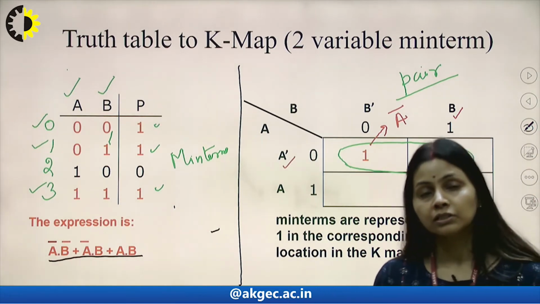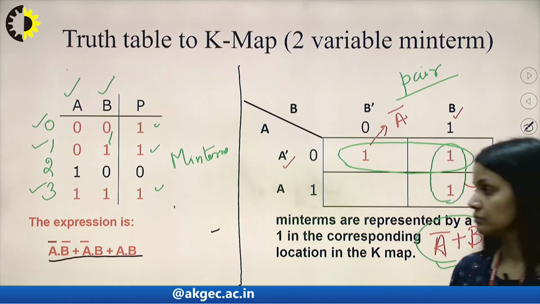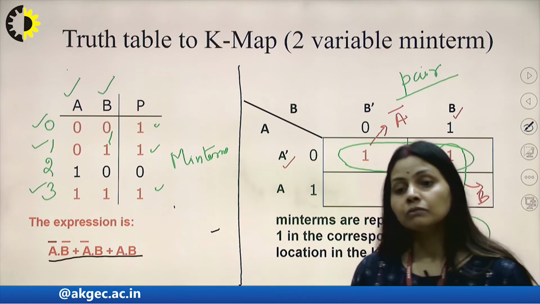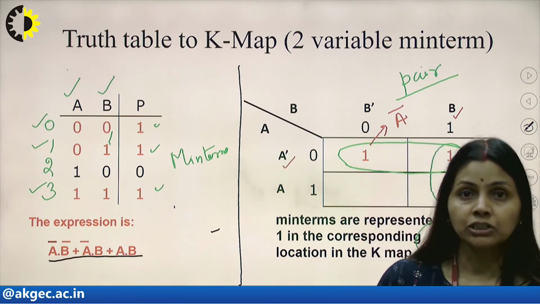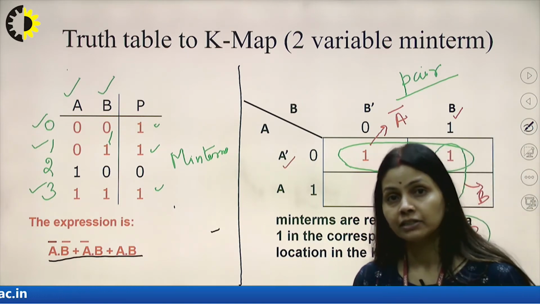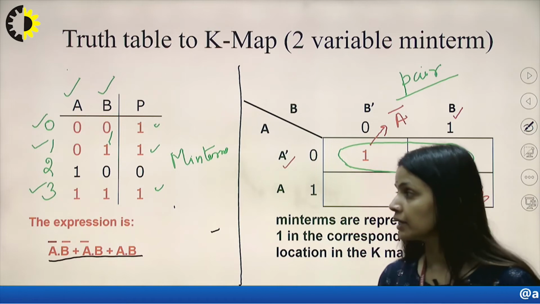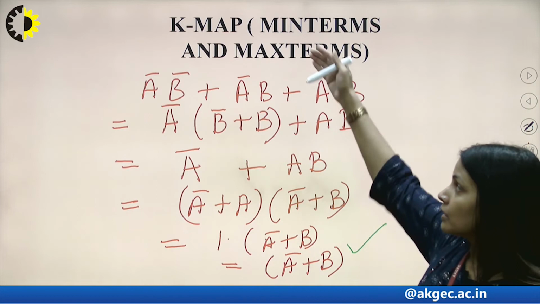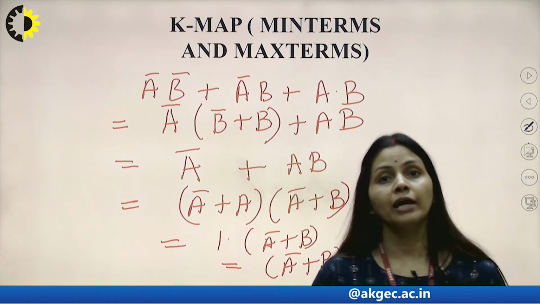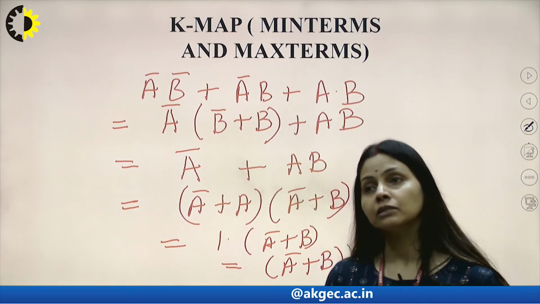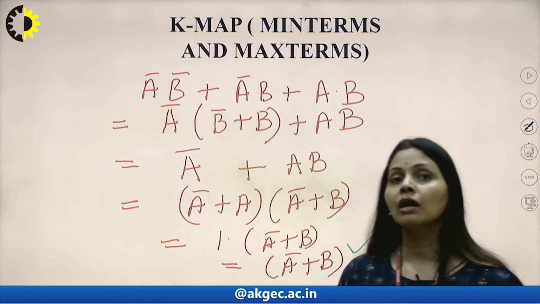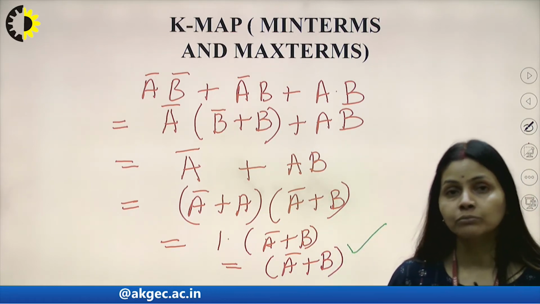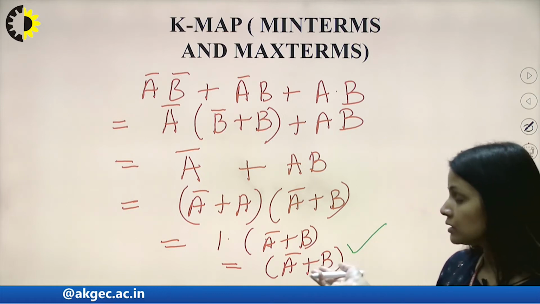So what did the K-map do by pairing and writing the expression? I can verify that the expression which I simplified using the logical expression and so many algebraic expressions and theorems gives this result.